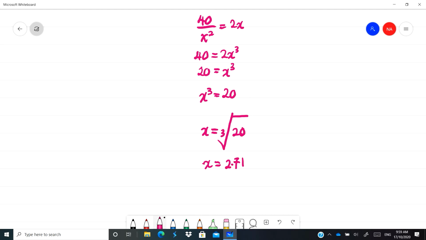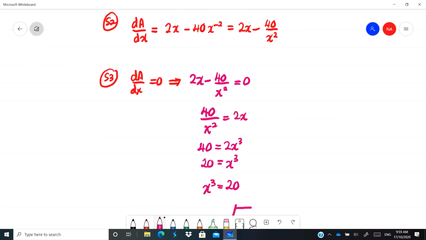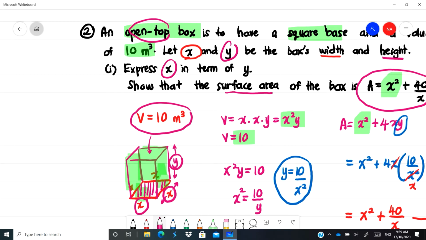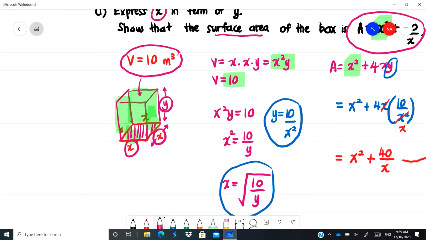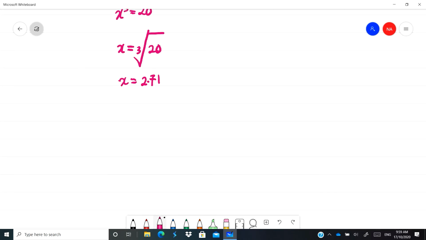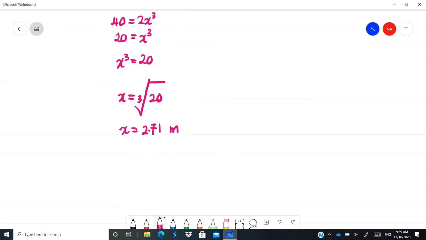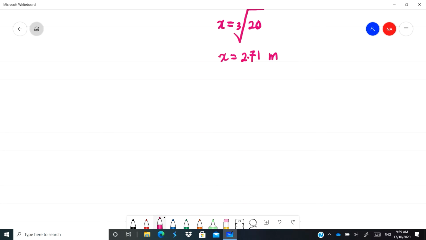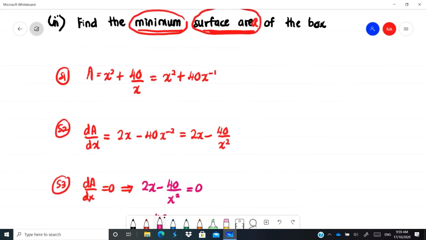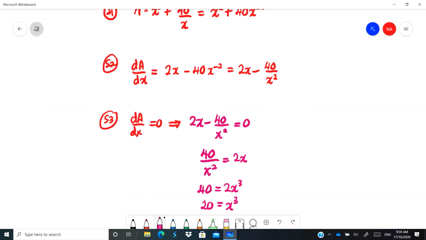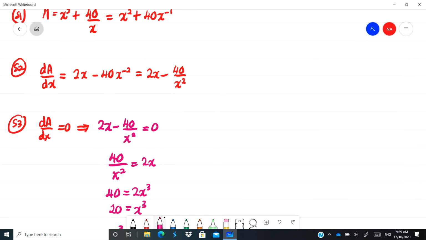So 2.71 is the dimension of x, and it is in meters, so we'll write 2.71 meter. Next we'll have to check, are we sure that it is actually the minimized problem? To do that we'll have to find the second derivative.